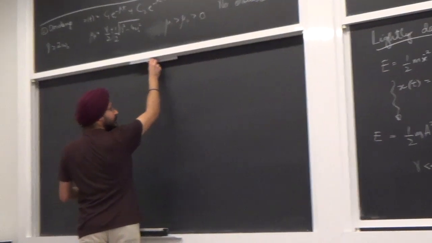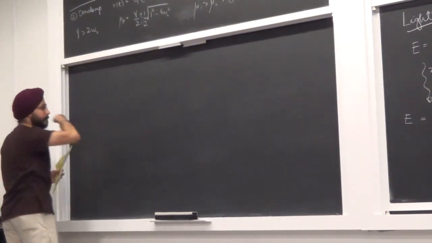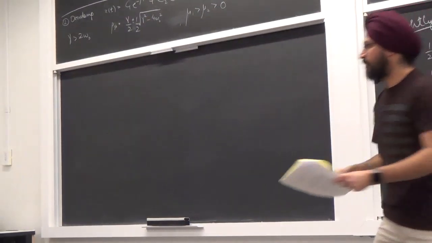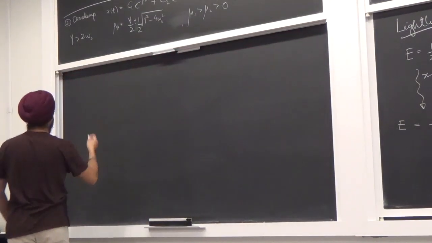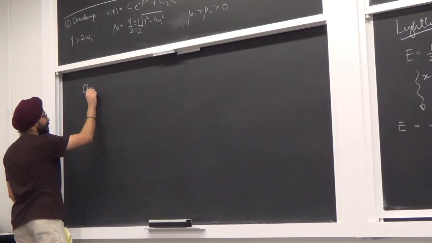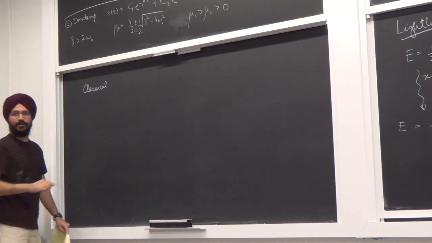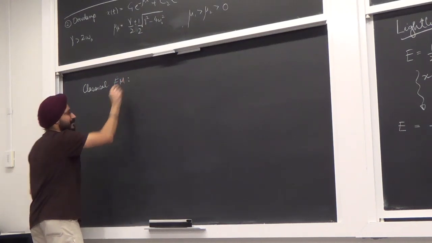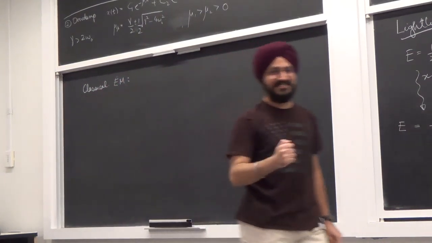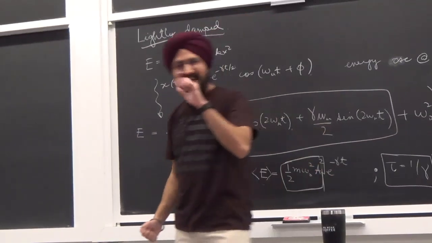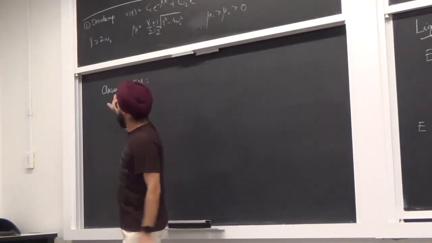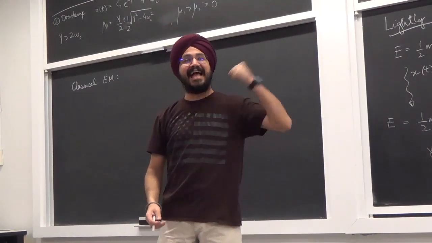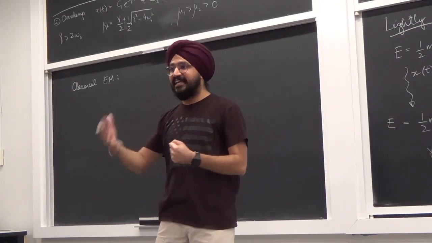Okay. Let's quickly do a simple example. So charges, electrons, protons, things like that. It's a known fact in electromagnetic theory, the classical electrodynamics, which all of you did in physics 1B, hopefully. The classic EM. Solve Maxwell's equations, that kind of good stuff. We'll get to that eventually in this course as well. But the point being that if you have a charge and the charge oscillates, if it accelerates in general, the charge radiates energy.